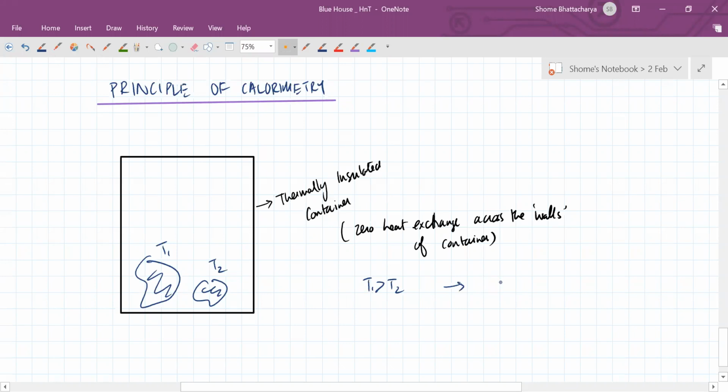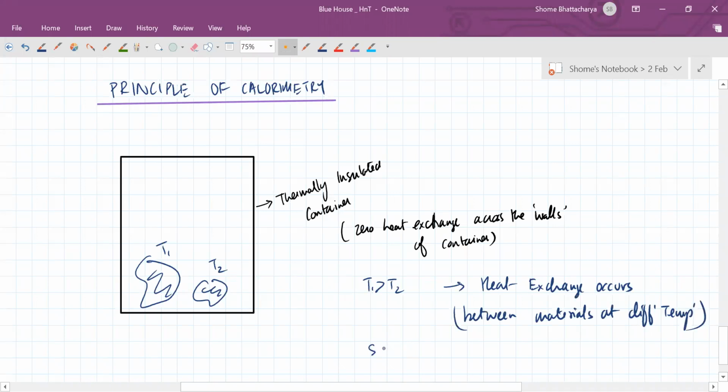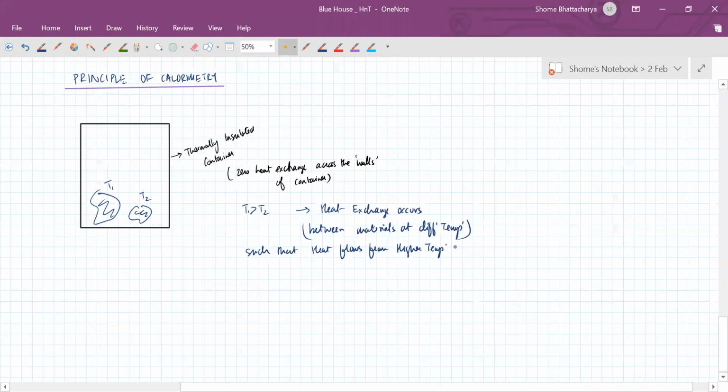then heat exchange occurs between materials at different temperatures, such that heat flows from the higher temperature material to the lower temperature material until thermal equilibrium is established.